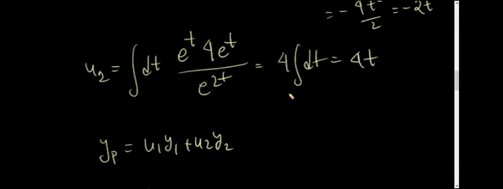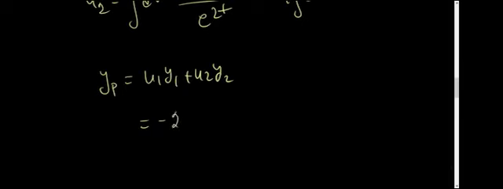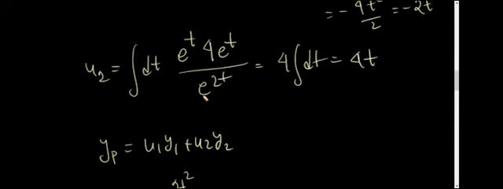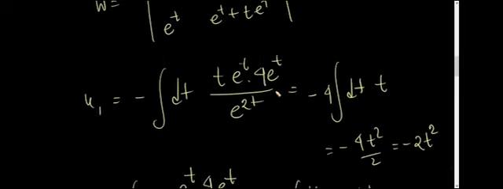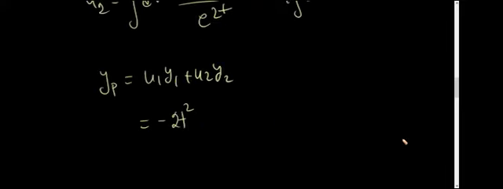So our particular solution will be u1 y1 plus u2 y2. So u1 was minus 2t squared. Let me check again just so we know. Yeah, we have done this correctly. So this is minus 2t squared times y1. y1 was just e to the power t, and here u2 was 4t, right?